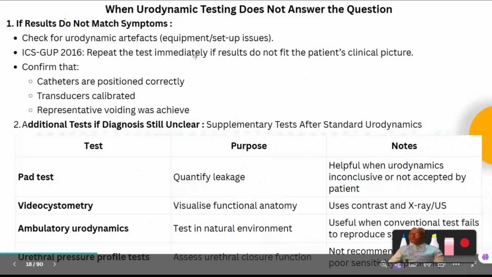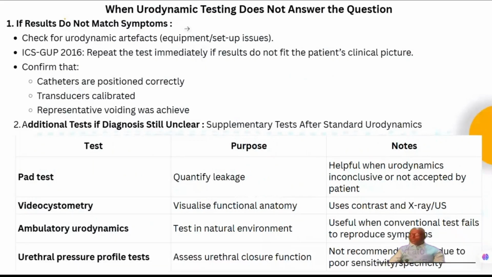Now what if you are doing a urodynamic test, but your test is not answering your question? We have already seen we will always have some question, for confirmation of the diagnosis or for ruling out the diagnosis. But if your urodynamic testing is not answering the question, then first, if results do not match the symptoms, check for urodynamic artifacts related to equipment or setup issues.